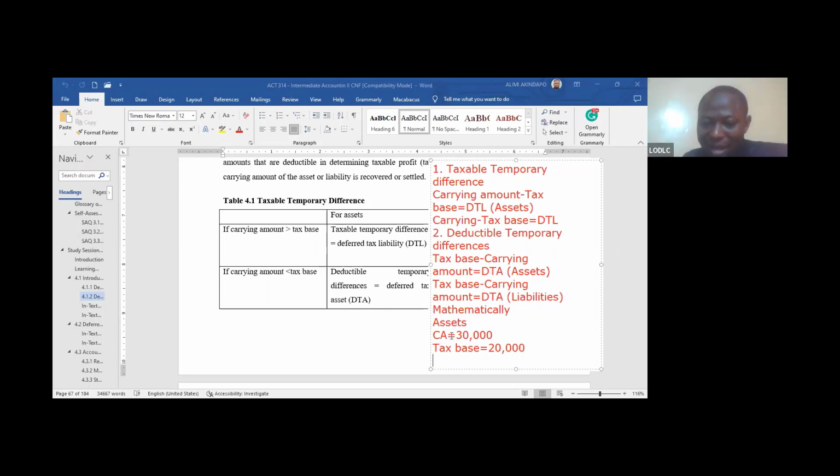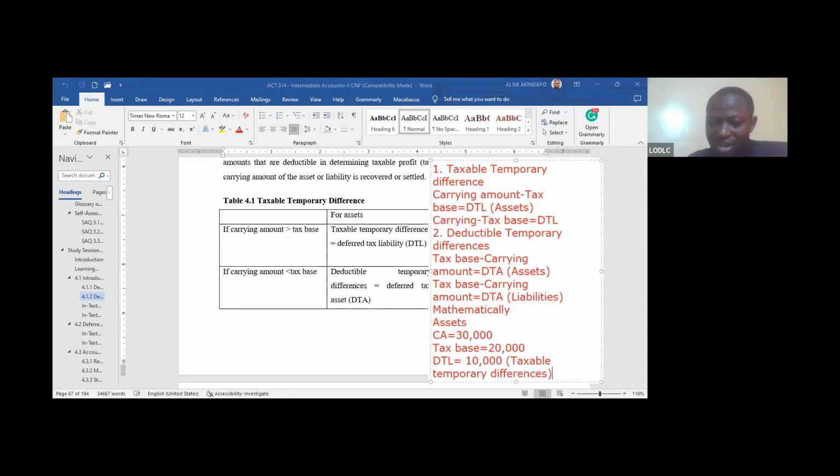Here our carrying amount is greater than our tax base. So our deferred tax liability will be equal to 10,000. So that is taxable temporary differences.